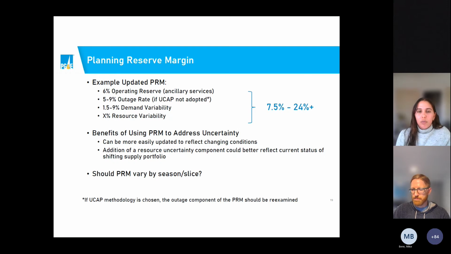And then the addition of a resource uncertainty component could better reflect the current status of the supply portfolio as we see greater penetration of renewables. And then an open question that we have, and I'm sure a lot of people have, is should the PRM vary by season or slice? I think our current thinking is that we lean towards not varying the PRM, but open to thinking on this. That's all I have.